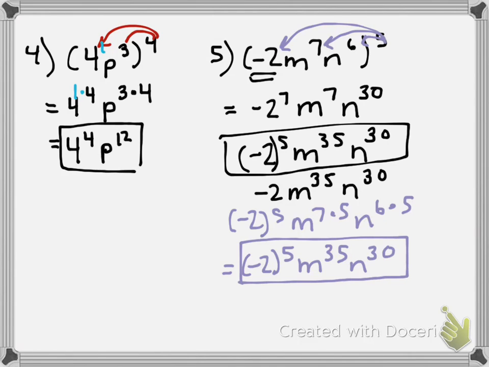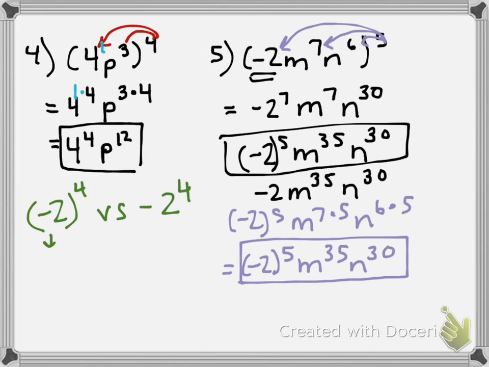Now, I do want to take a small moment to talk about the difference between -2 in parentheses to the 4th power and -2 to the 4th power without parentheses. Okay?